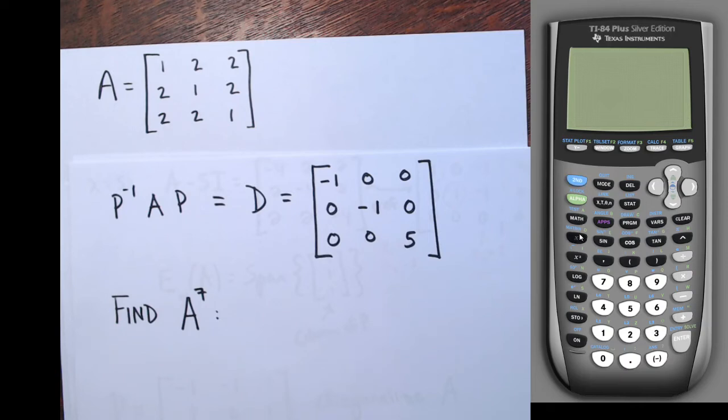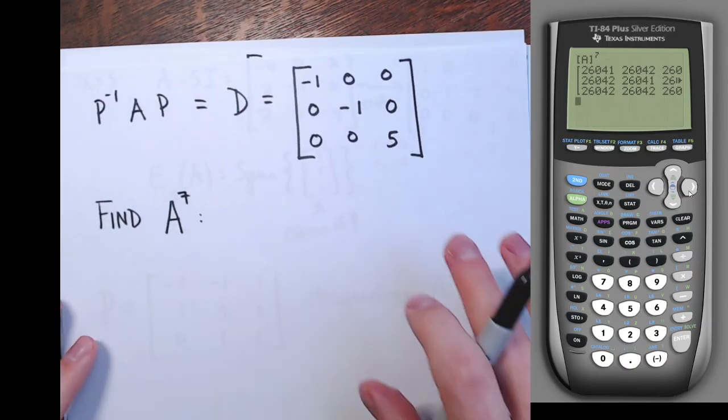If I go, here's matrix A raised to the 7th power. I get a lot of big numbers there, right? I have to scroll through. So yes, I get that. But what if I wanted A to the 100th power, the 1000th power? Your calculator might not be able to enter that stuff. All right, but you can write it out by hand. All right, so let me show you how I would find A to the 7th first.